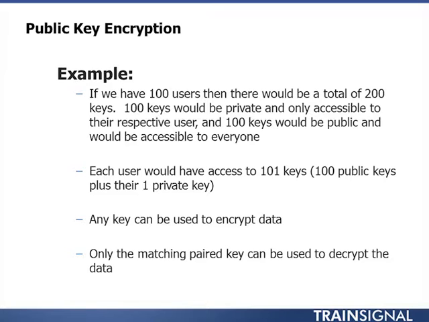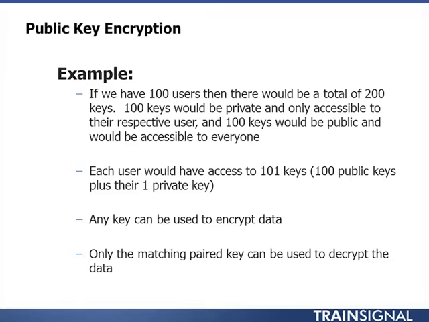Here's the deal. Any one of those 200 keys can be used at any time to encrypt data. You take plain text, and we want to encrypt it and turn it into ciphertext. I can take any one of those 200 keys and do that. But here's the deal.